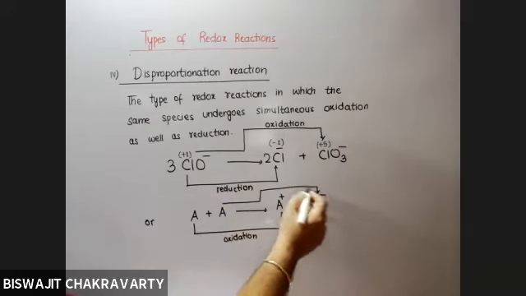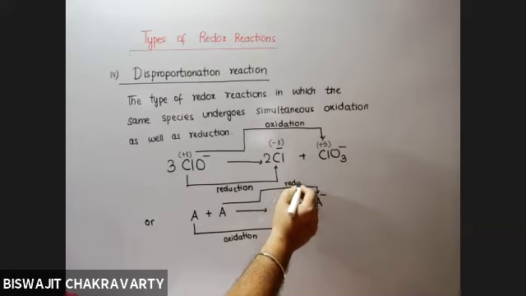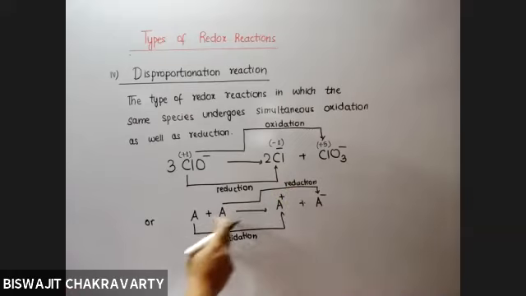Clear? So can we say the same substance is acting as an oxidizing agent as well as a reducing agent? Yes or no? Yes. So in disproportionation reaction, the same substance acts as an oxidizing agent as well as a reducing agent. Clear?